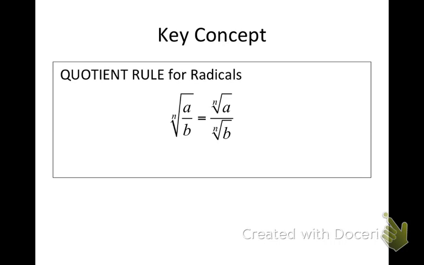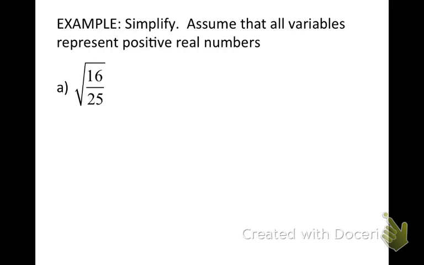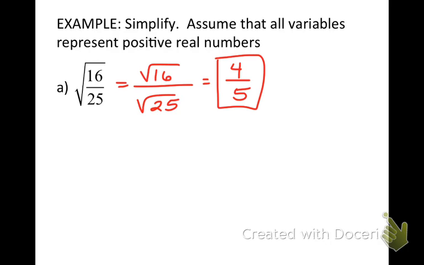Okay, so if we do an easy one, the square root of 16 over 25 would be equal to the square root of 16 divided by the square root of 25, which is 4 over 5.